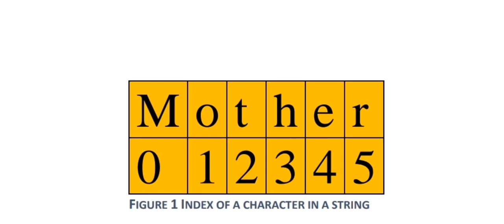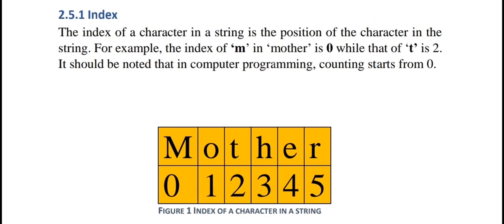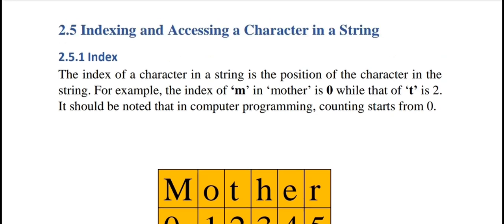We use the idea of index to access an individual character, and we use the idea of slicing to access a group of characters out of all the characters in a string.